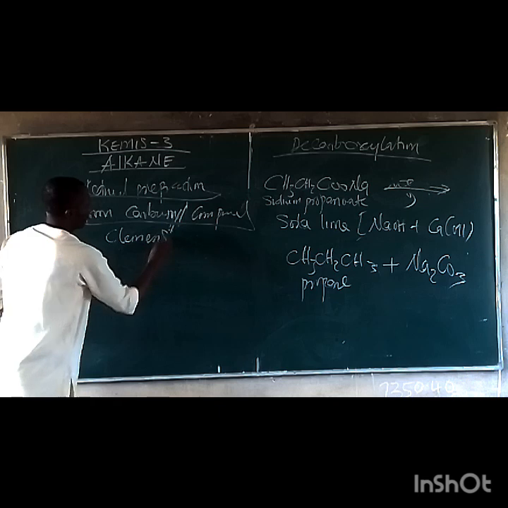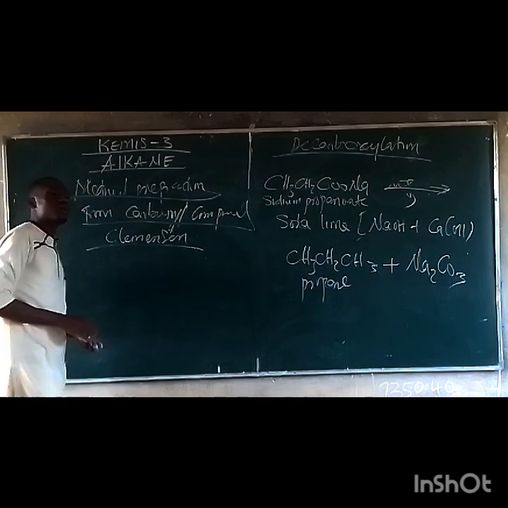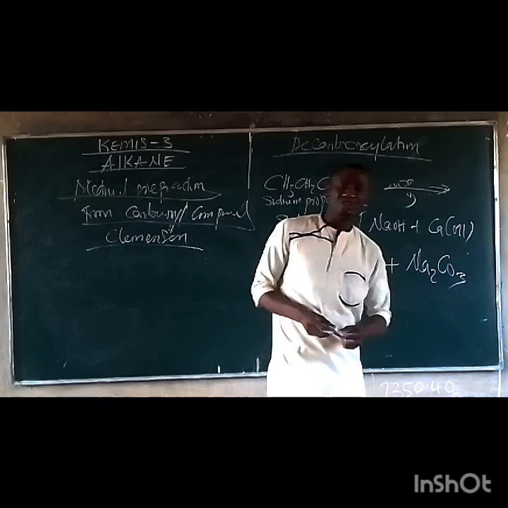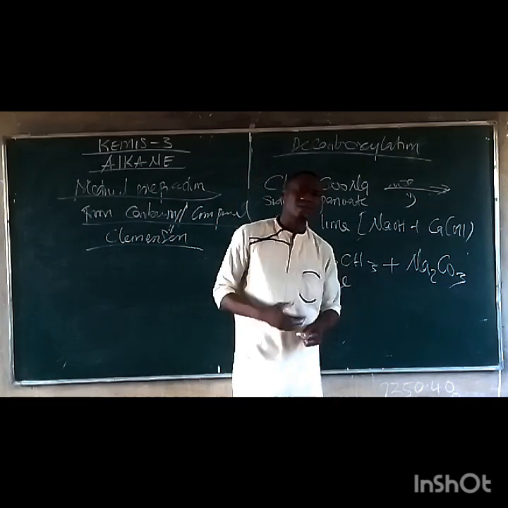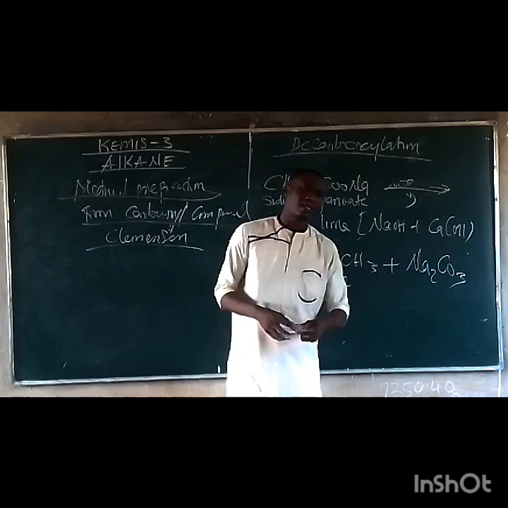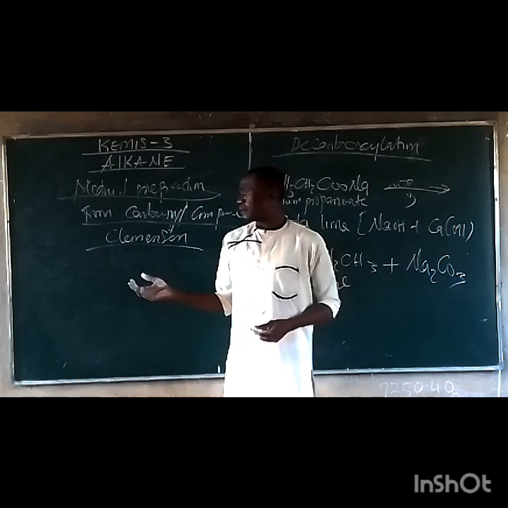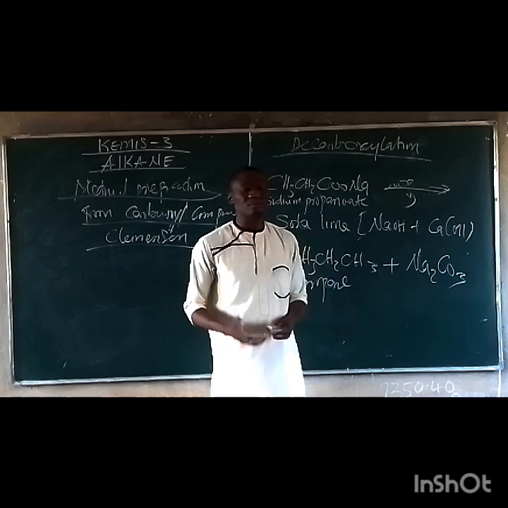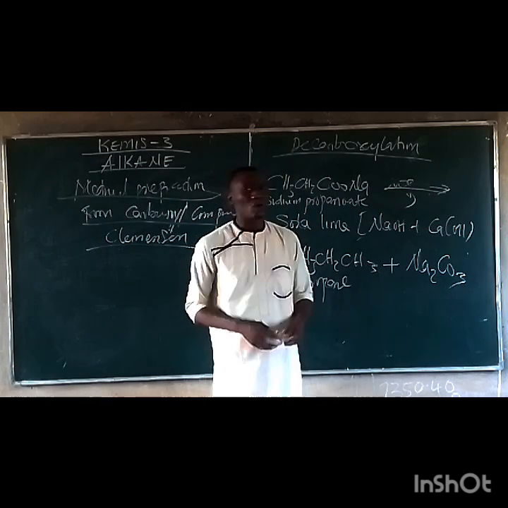Well, Clemmensen reduction will be at college or university level, in higher standard examination, even the halogenation of haloalkane, that is for standard exam. But meanwhile, it does not hurt to know.